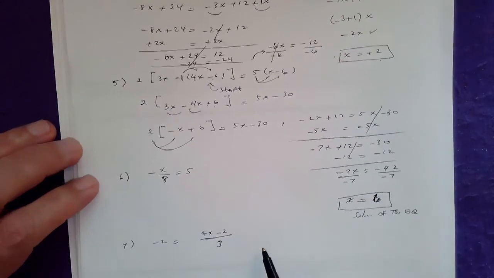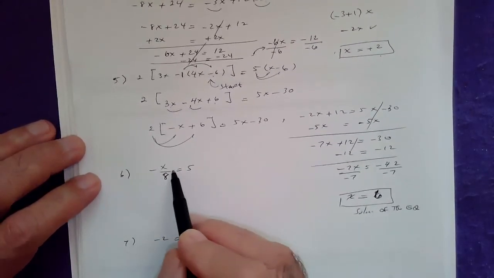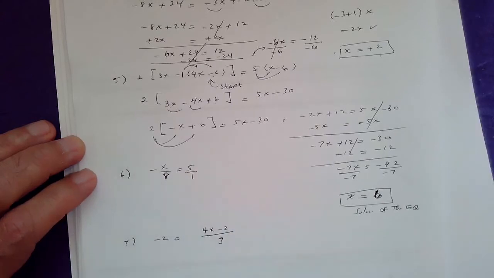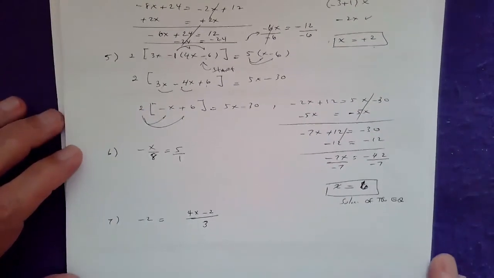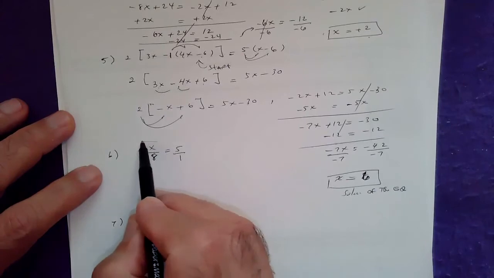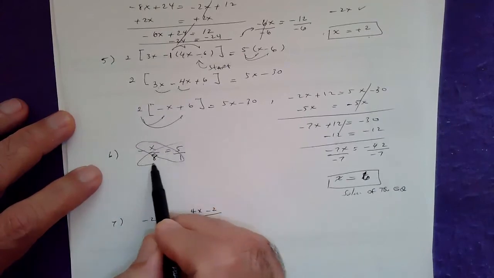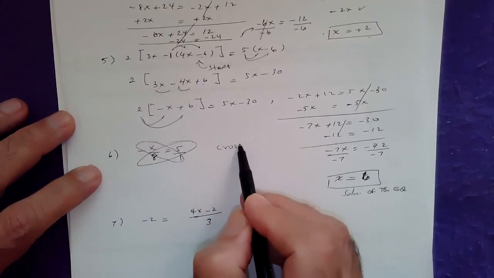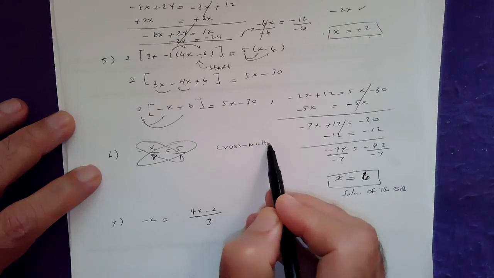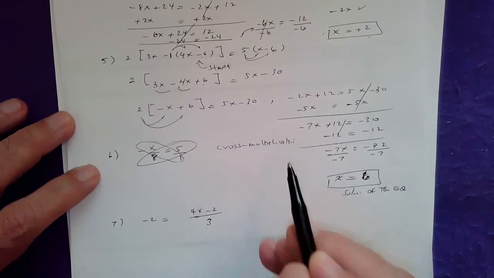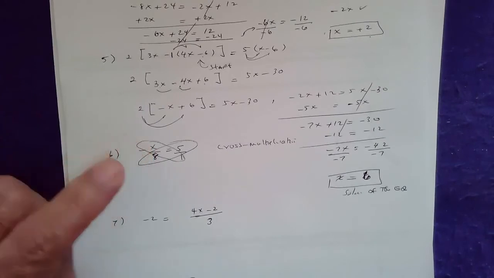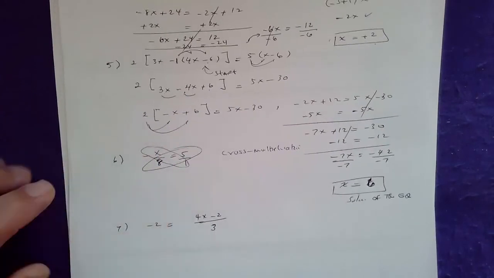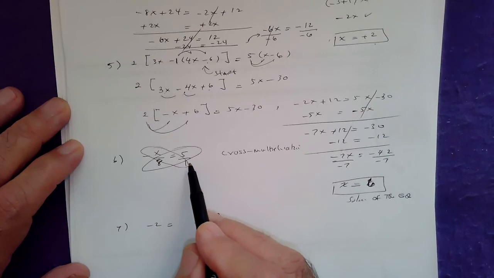Sometimes you got fractions. If you have a single fraction on the left and a single fraction on the right, all you have to do is cross multiply. That's called cross multiplication. Remember, the requirement is you have a single fraction on the left and a single fraction on the right. Give 5 a denominator of 1 and change it to a fraction.